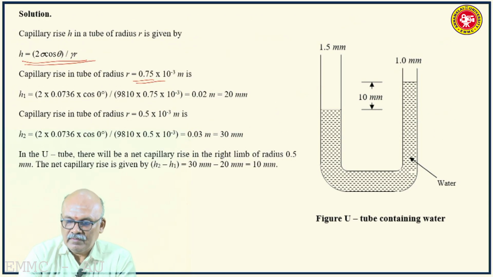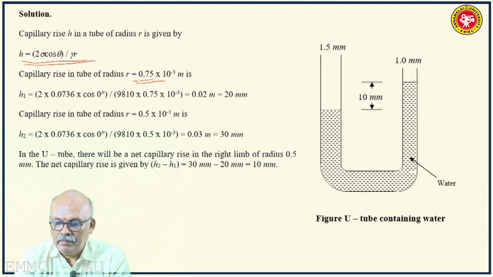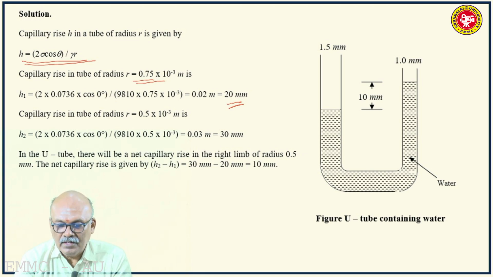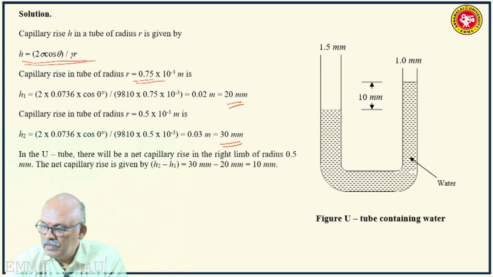So, for 0.75 millimeter, that is 0.75 multiplied by 10 power minus 3 meter, you get 20 millimeters as the capillary rise. Then capillary rise in the tube of radius 0.5 millimeter, you get 30 millimeters. So, here this is 30 millimeters and here it is 20 millimeters.